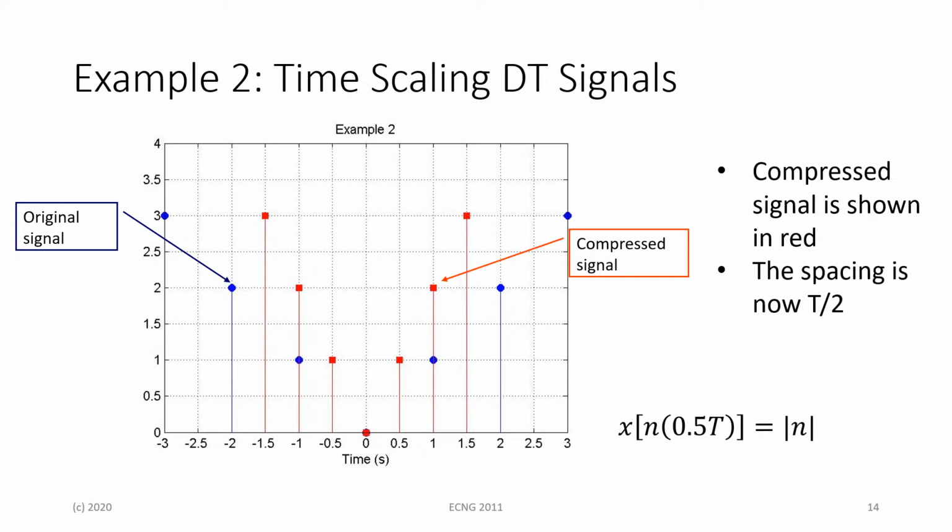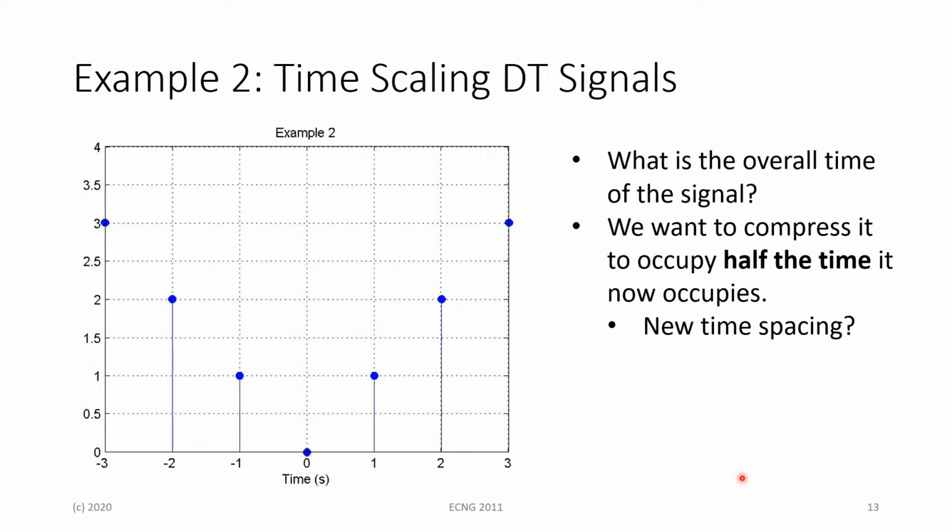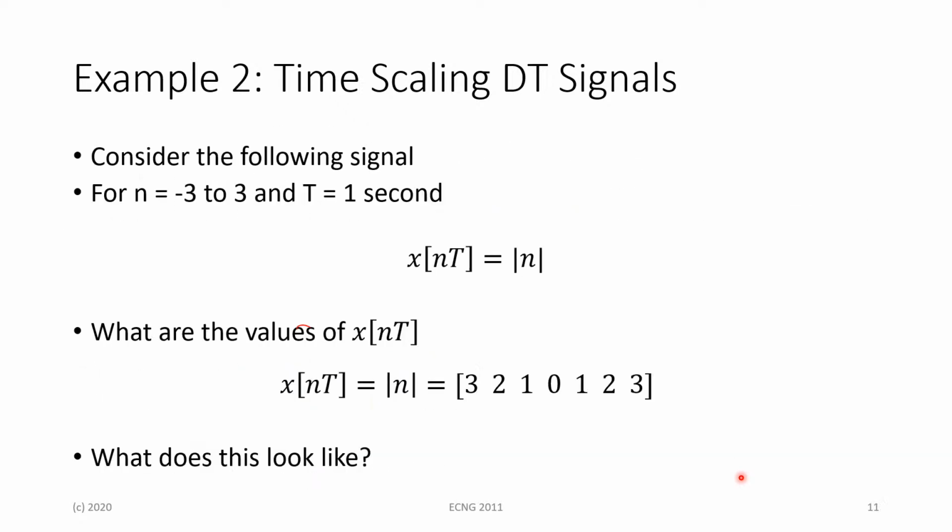The values represented on the y-axis here basically are the instantaneous values or the magnitudes that we captured. So basically what we had, go back one slide, where we had x of nt equal to modulus of n. When we plot here for n -3 and t equal 1 second, this is going to be -3 by 1.